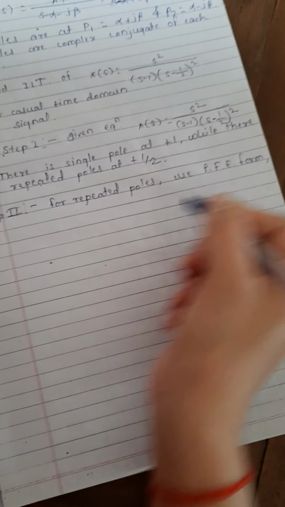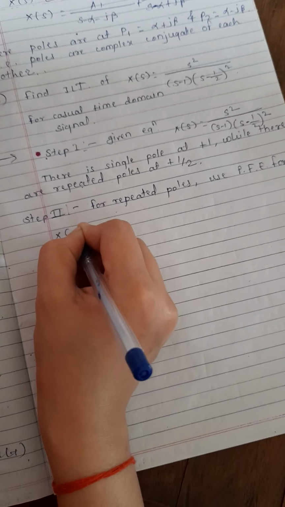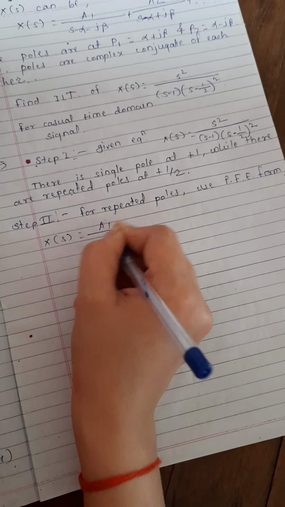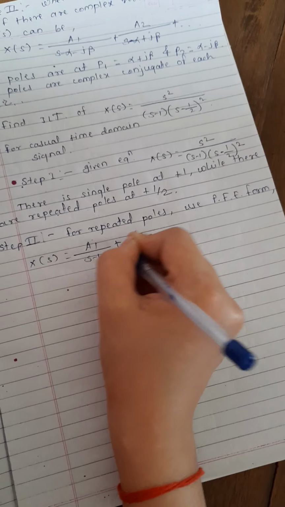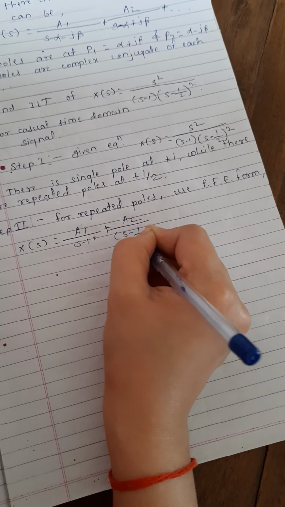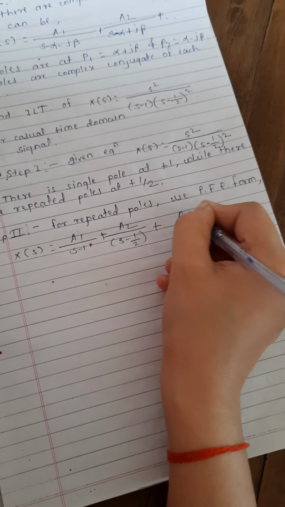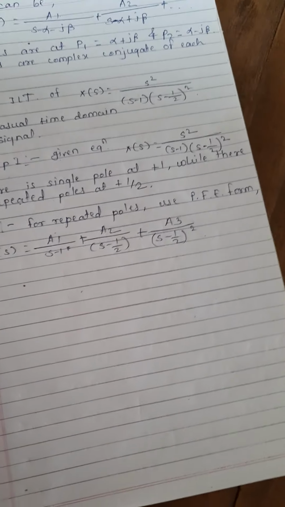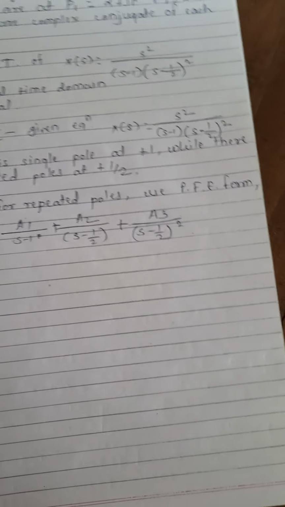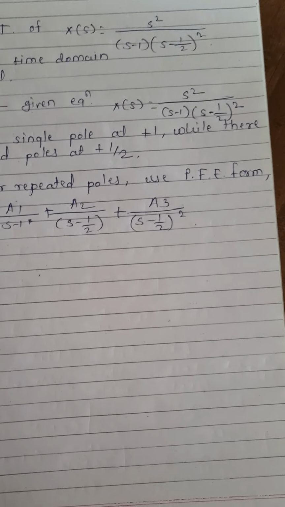So we can write this equation as X(s) is equal to A1 by (s minus 1) plus A2 by (s minus half) plus A3 by (s minus half) squared. Now we have to find the values of A1, A2 and A3 here.